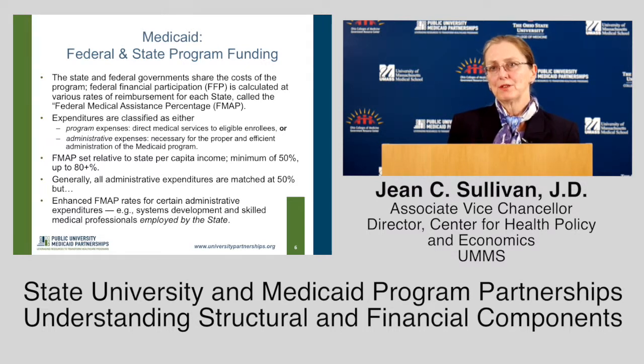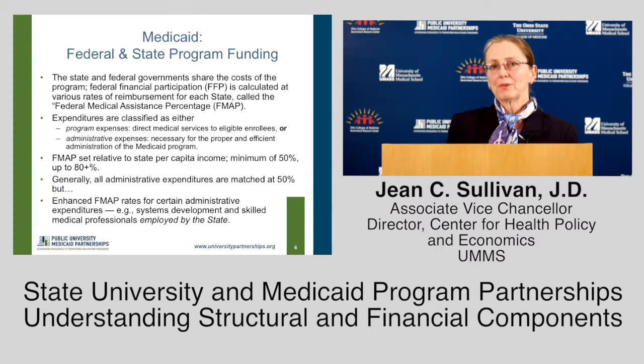But the minimum is 50%. That variable rate applies to what's called program expenses, which are the direct medical services to eligible enrollees. And then there is a different match rate, almost always set at 50% of expenses, for the administrative activities that are necessary to run the programs. And we'll talk a little bit about what the whole range of those administrative activities might be.